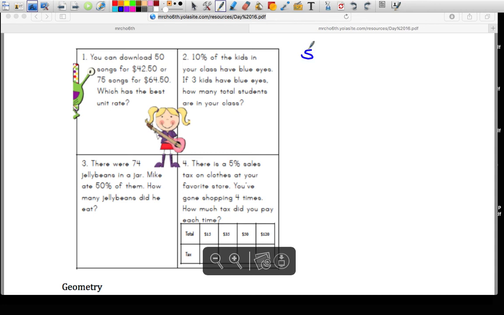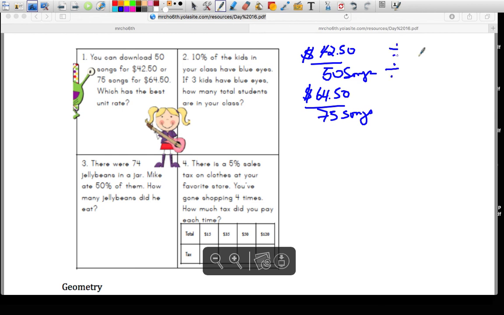One was $42.50 for 50 songs, and the other was $64.50 for 75 songs. Which one was the better deal? We're going to find the unit rate. Divide top and bottom. I want to know how much it was for one song. To get a 1 here, I divide by 50, and I divide the top by 50.